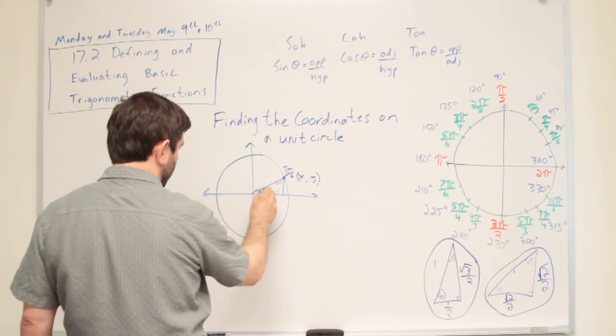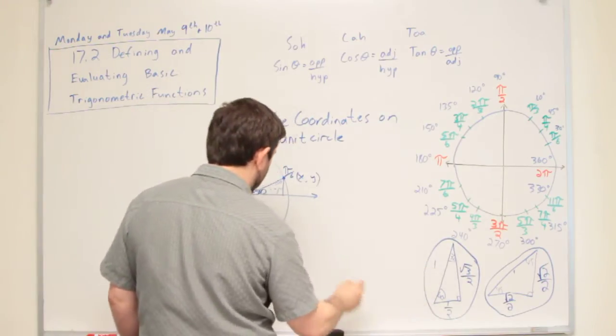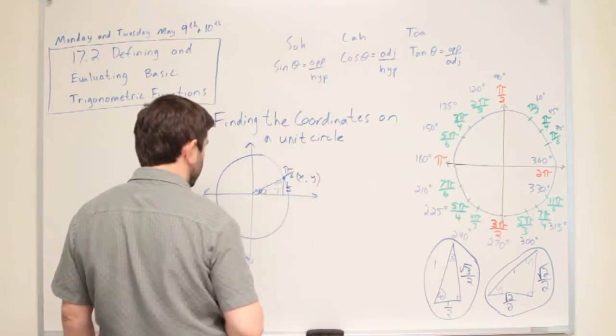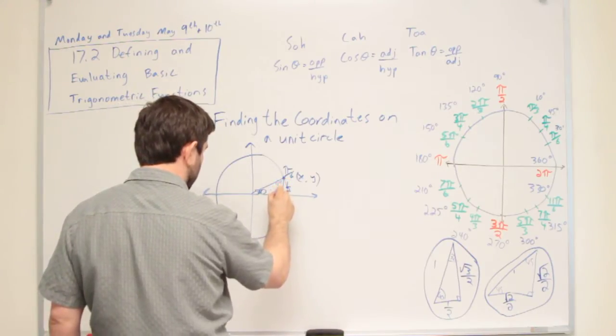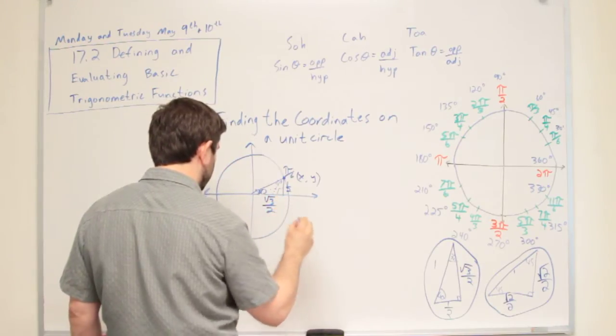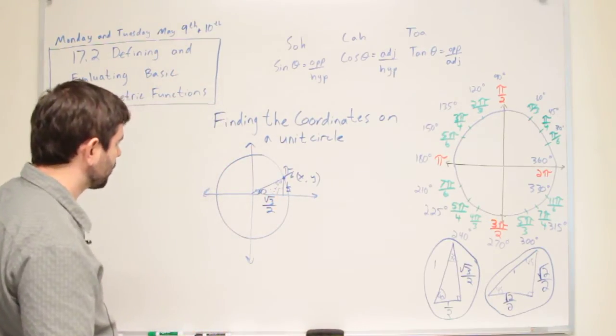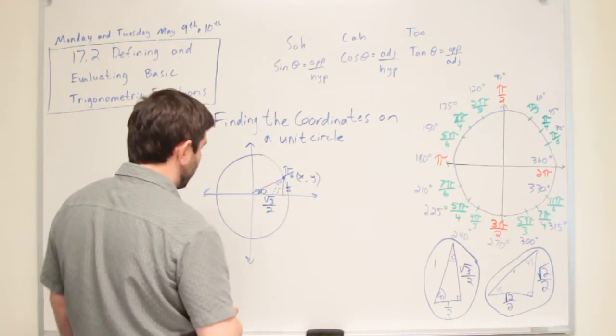Across from the 30 is going to be 1/2, and across from the 60 is going to be √3 over 2. And those are just what we figured out here.